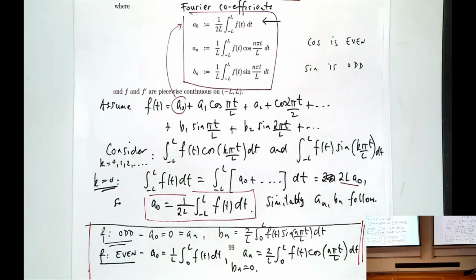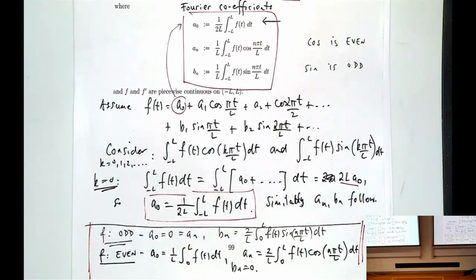When you've got an odd function to start with, the Fourier coefficients massively simplify. So you should use that bottom line as often as you can. That's some of the best advice that I can give you.